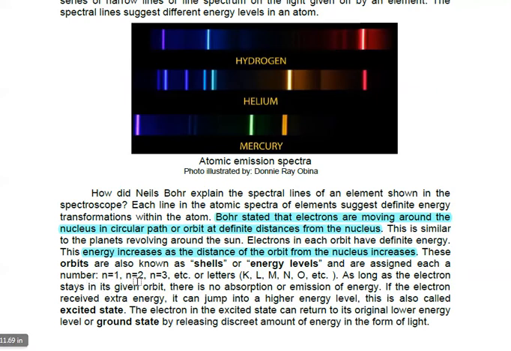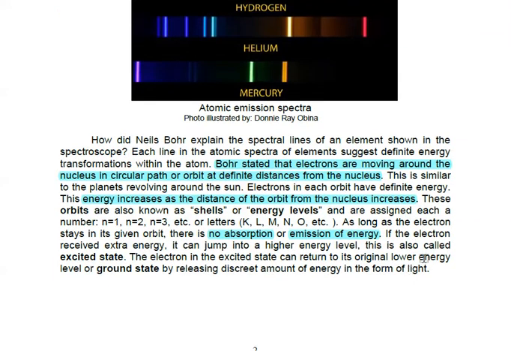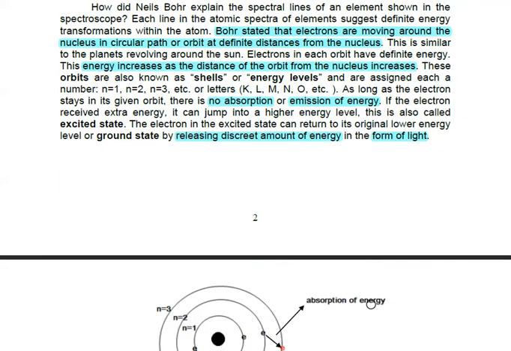Let's say n is equal to 1, n is equal to 2, etc., or the letters K, L, M, N, O. As long as the electron stays in its given orbit, there is no absorption or emission of energy. If the electron receives extra energy, it will jump to a higher energy level, and this is called the excited state. The electron in an excited state can return to its original lower energy level, or ground state, by releasing a discrete amount of energy in the form of light.